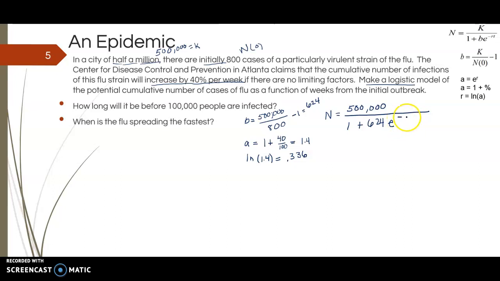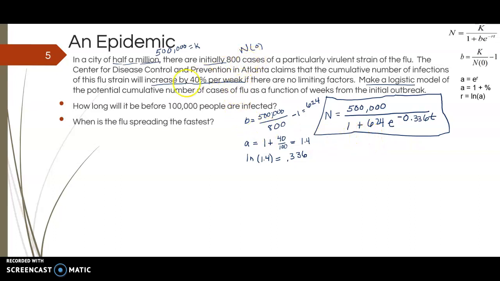So the negative is part of the formula, and then we have 0.336 as that exponent, and then we have t, our other variable. So what we have created so far is that logistic model. We've come up with the huge formula that is supposed to model the cumulative number of cases of the flu.